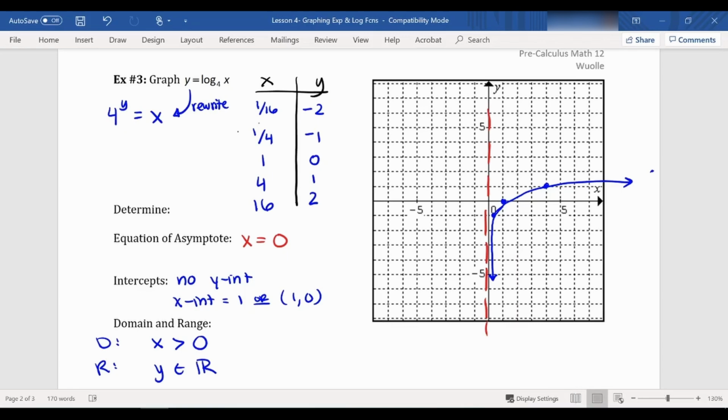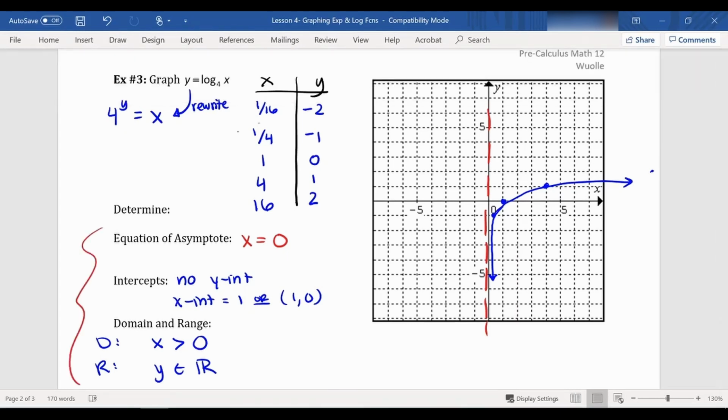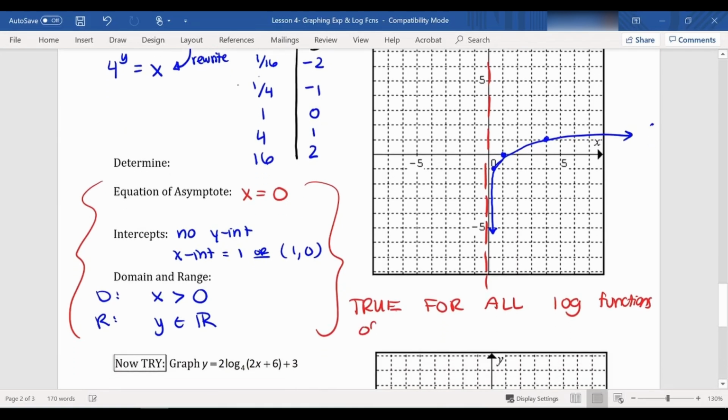Okay? As with exponentials, this will be true for all basic log graphs. So if there's no transformations, it's going to be of the form y equals log base a of x, where a is some integer.